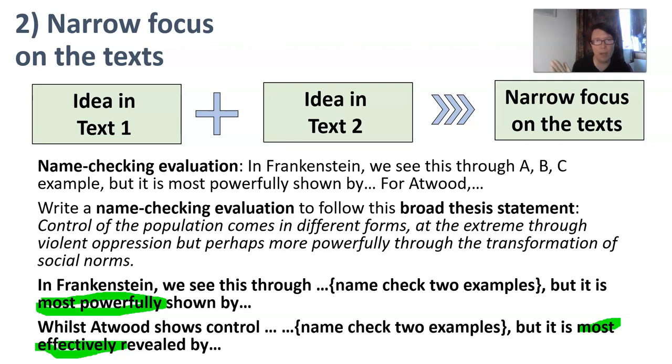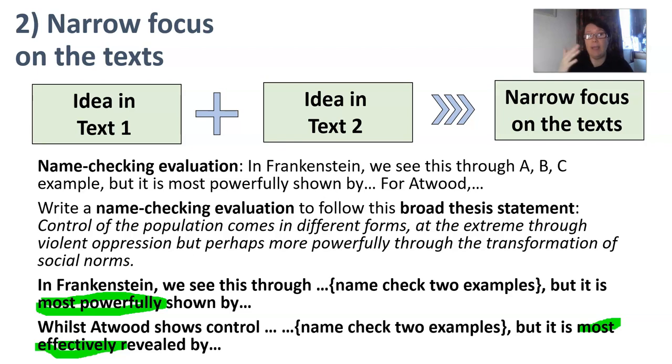Okay, so you come up with your examples. In Frankenstein, we see this through 2 examples, but it is most powerfully shown by. Whilst Atwood shows control, and again, you come up with your 2 minor examples that you want to name check, but it is most effectively revealed by, and then you go for the big one. You might talk about the searchlights, the spotlights, the box room that she lives in, the fear, the doubling of the handmaids, the constant kind of watching.